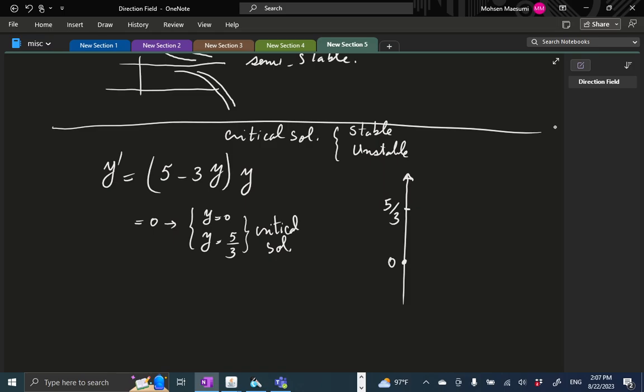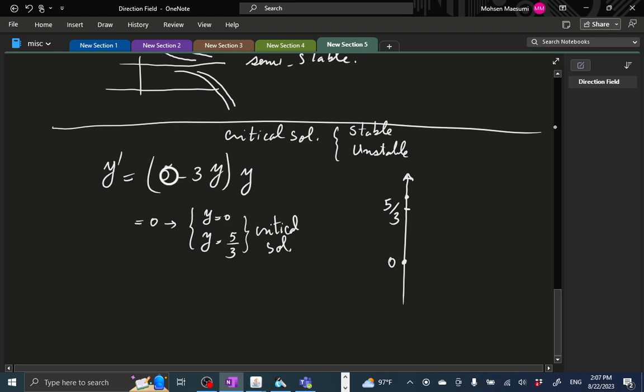If I have a number larger than 5/3, I multiply it by 3, so I'm larger than 5, I subtract from 5, so it's going to be negative. So if y is larger than 5/3, y prime is negative, and I am decreasing.